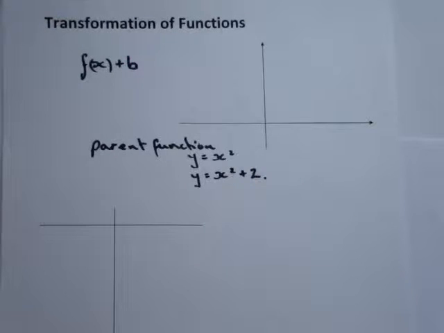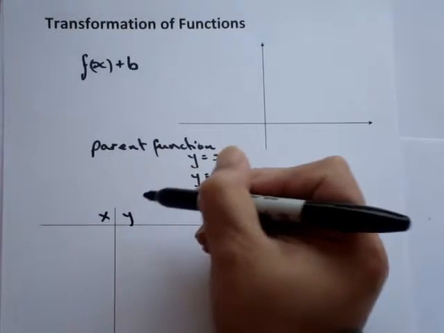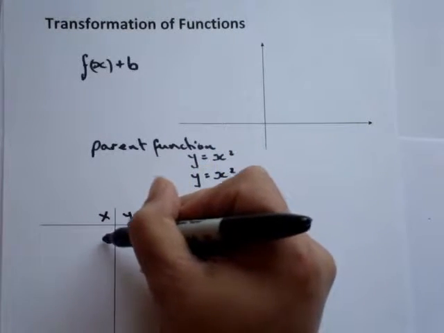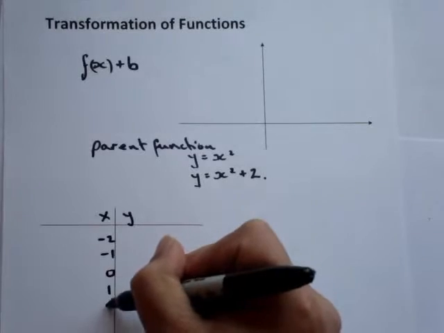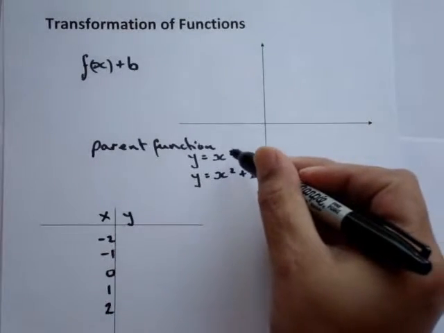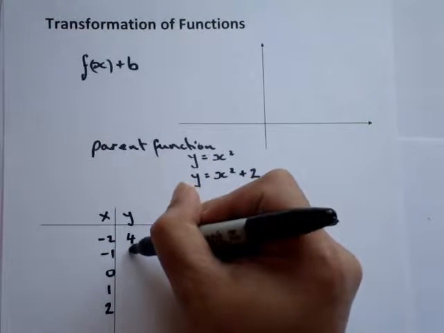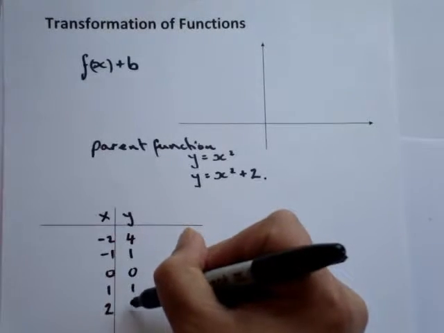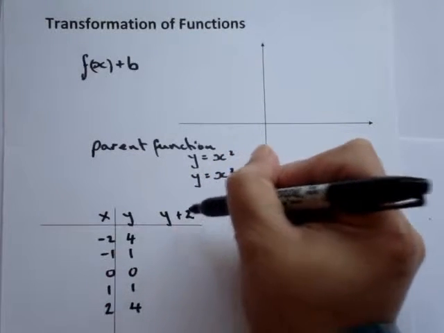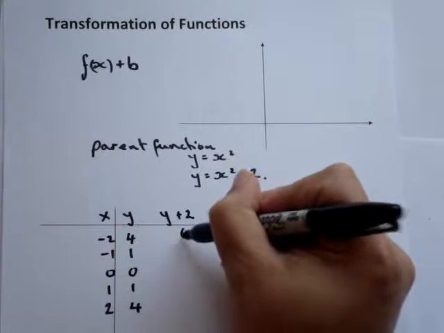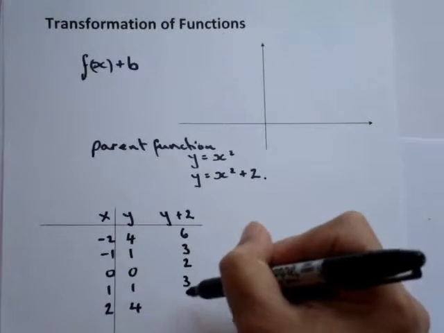So let's make a t-table, and we have the x here, the y, and our special points of interest: -2, -1, 0, 1 and 2. If we have the parent function y equals x squared, we get y as 4, 1, 0, 1, 4, and then y plus 2, we get 6, 3, 2, 3, 6.